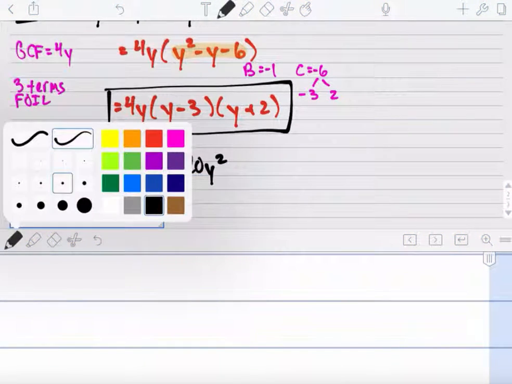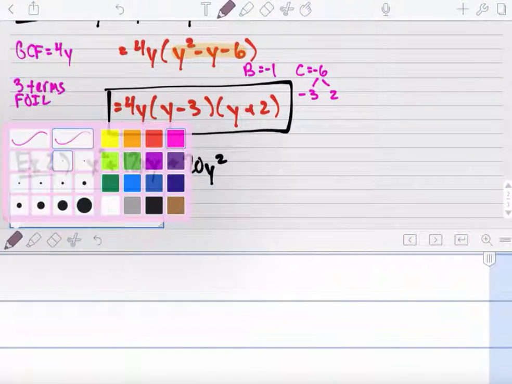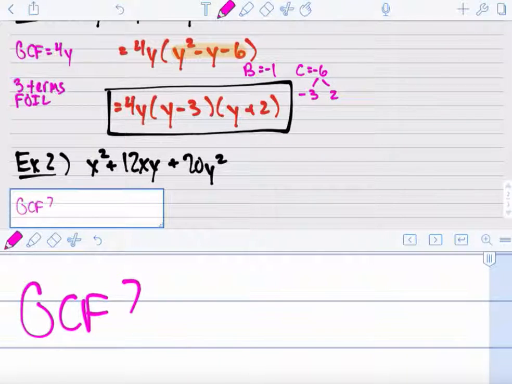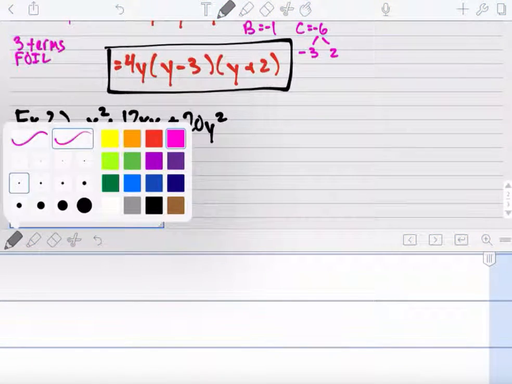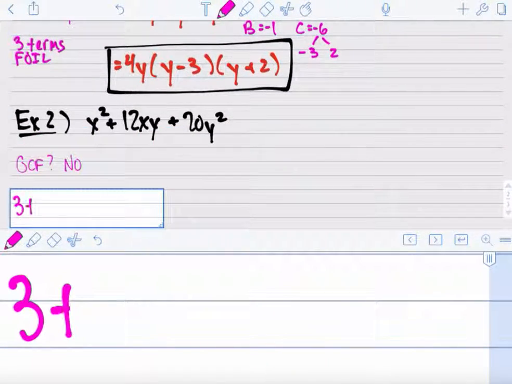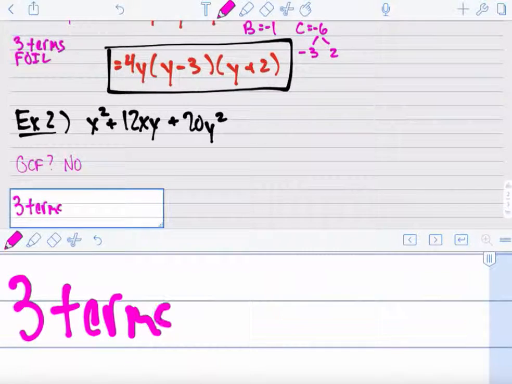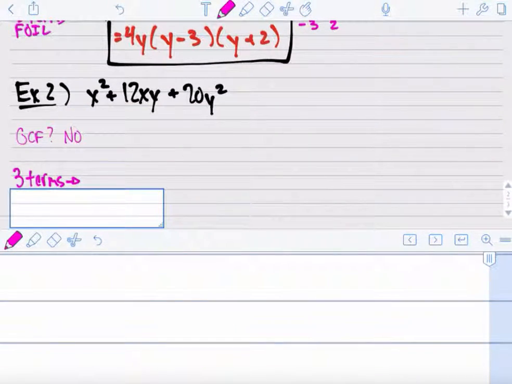So we want to check, is there a GCF? In this case, the answer is no. So I've got 3 terms. What do I do when I have 3 terms? I do reverse FOIL.